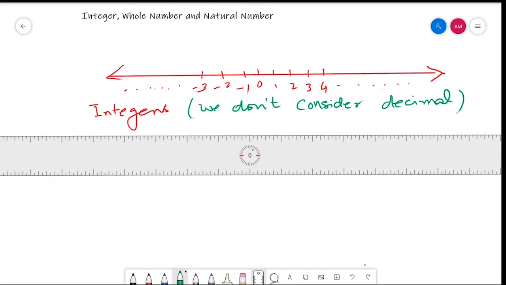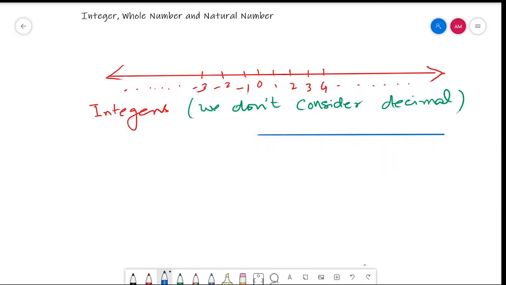And let me draw another line and then we would see what the whole numbers are. Let me take a blue color and I draw a line from here. So this is somewhat a subset of our integers. It starts from 0, 1, 2, 3, 4, and so on.